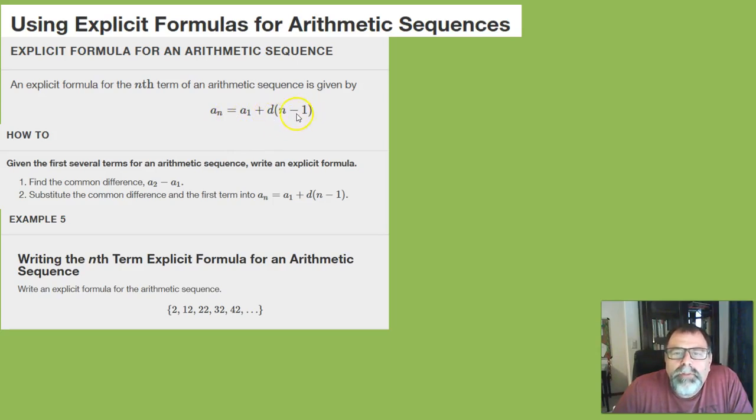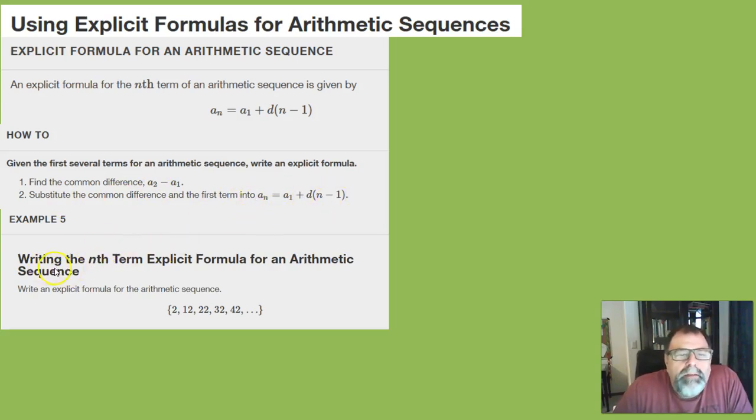You can actually switch the order of these two terms, the d in the parenthesis.